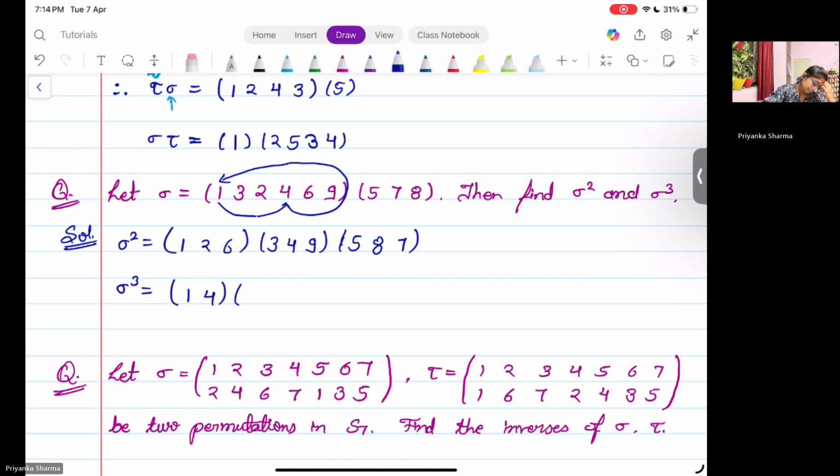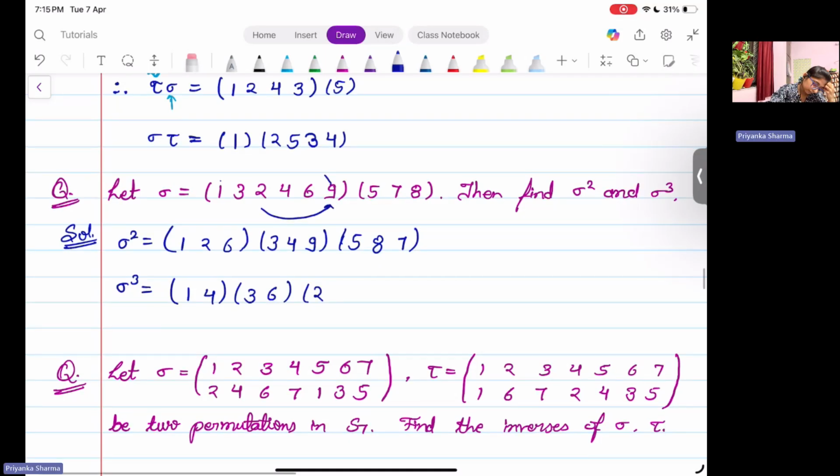And now what about 3? 3 is mapped onto 6. 6 is mapped onto 1, 2, and 3. What about 2? 2 is mapped onto 9, and 9 is mapped onto 1, 2, and 3. That is 2. Okay.